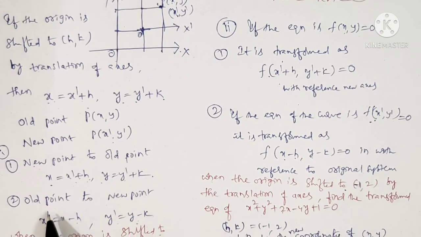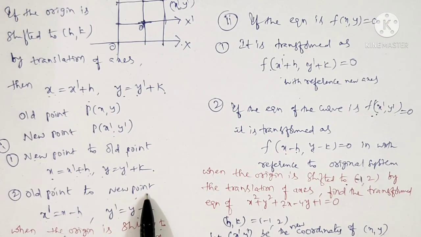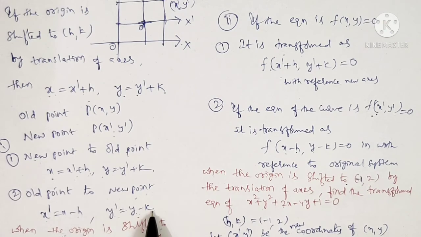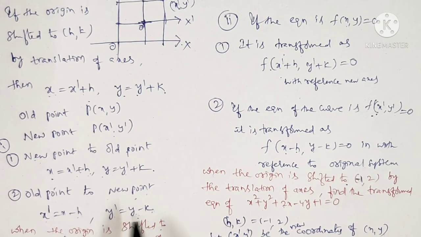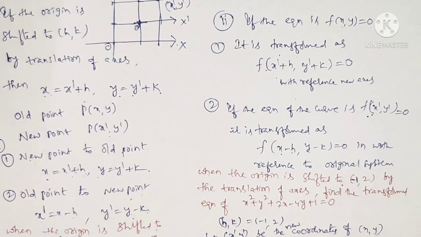If you want to find a new point by using the old point, that means a point in the new Cartesian system, the formula is x dash is equal to x minus h, y dash is equal to y minus k, where h comma k is the shifted origin and x comma y is the point. Okay, they will give that in the question, no problem. So this is about a point.